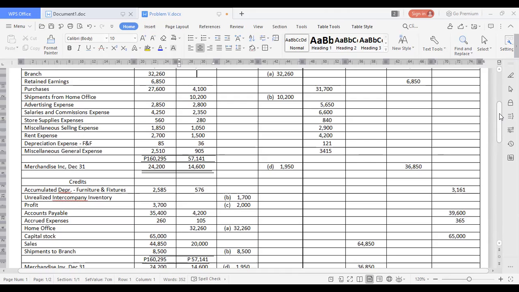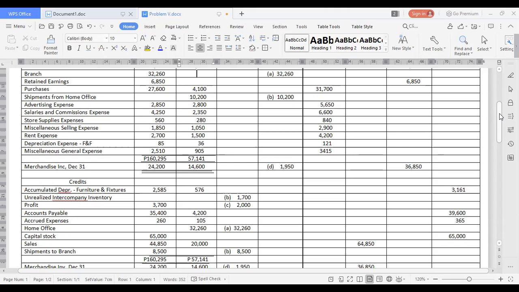Then entry letter B is to debit unrealized intercompany inventory profit for 1,700. And for B, we also have to debit shipments to branch.